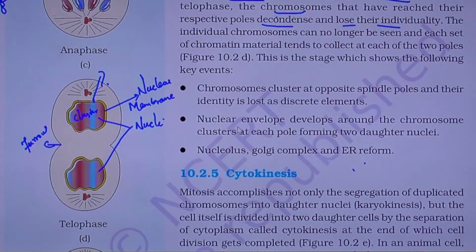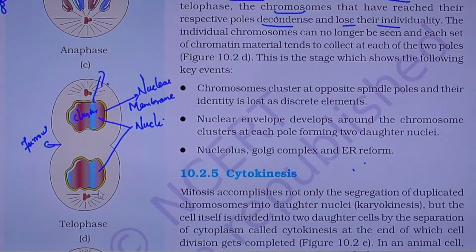And then the second event. The nuclear envelope develops around the chromosome cluster at each pole, forming two daughter nuclei. So these chromosomes will be in cluster formation. In this cluster formation, the nuclear envelope will develop around the chromosome cluster and form two daughter nuclei.